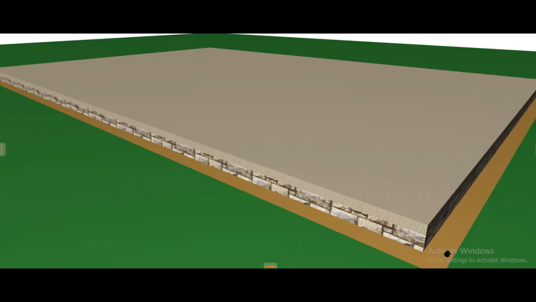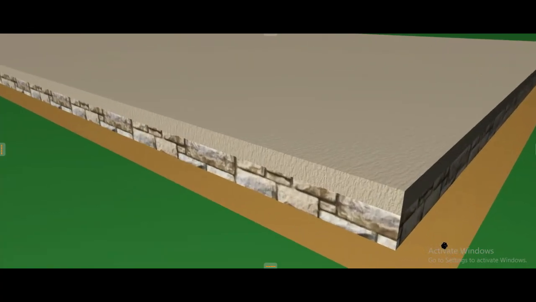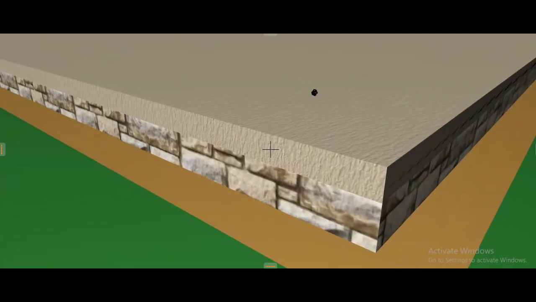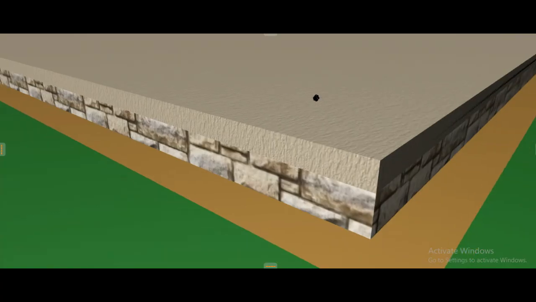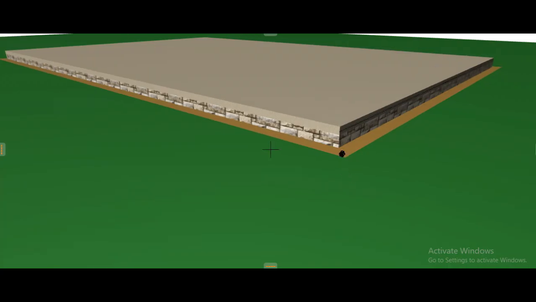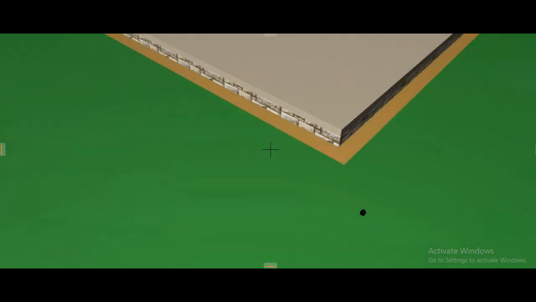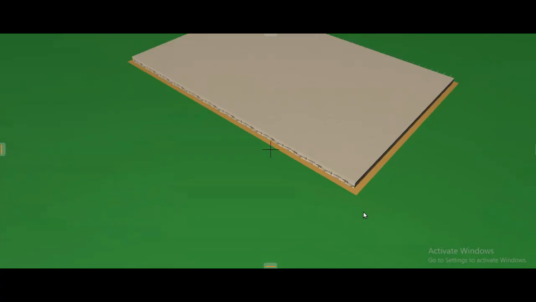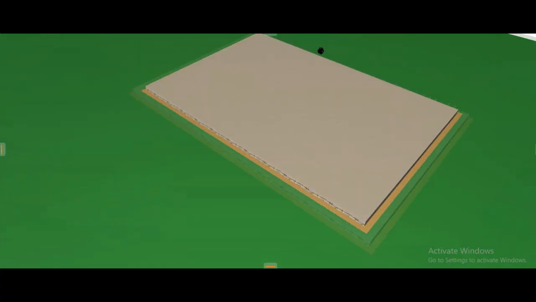Let me give you a close range. From this upper edge to this lower edge, this thickness is 100 millimeters. So if I turn this into meters, it will be 0.1 meter. If I multiply this by the area of 96 square meter, I get 9.6 cubic meter of the in situ concrete.